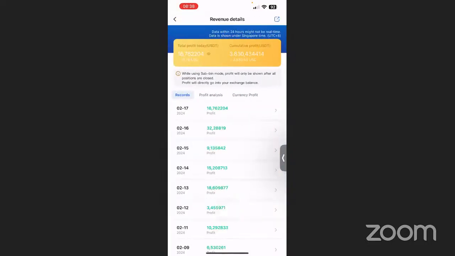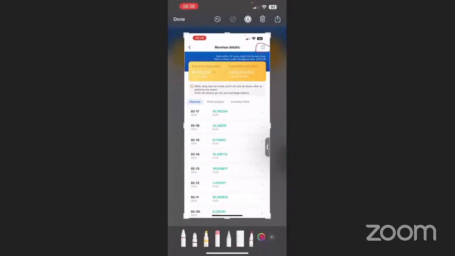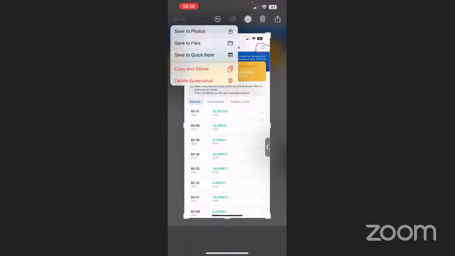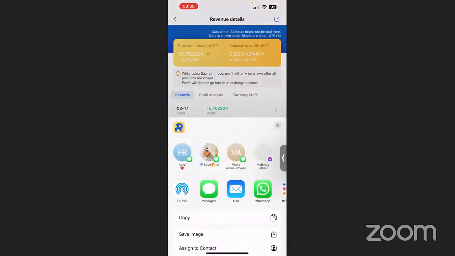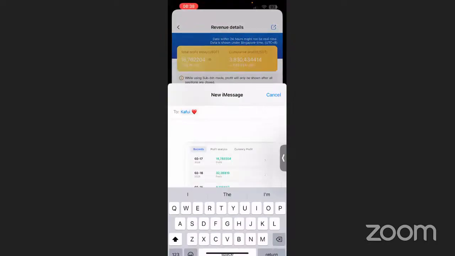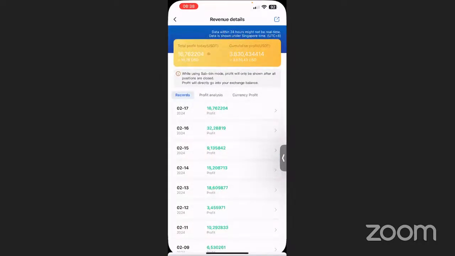Now let's go to revenue details. Under the revenue details, you can see this button that you can forward to anybody. Instead of taking screenshots, maybe you've been taking a lot of screenshots and your device is getting choked, just tap on share and share it to anybody you want.